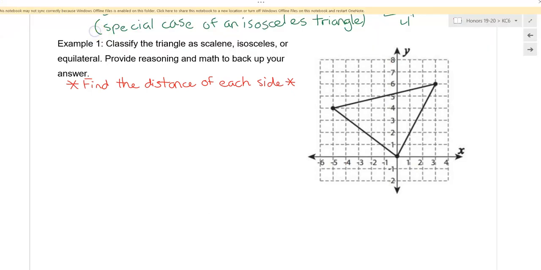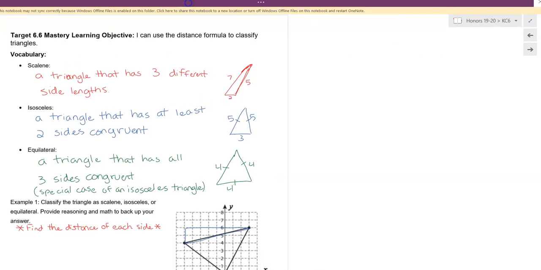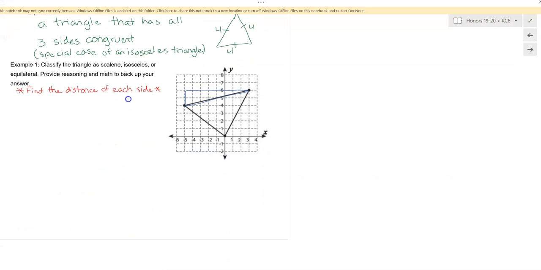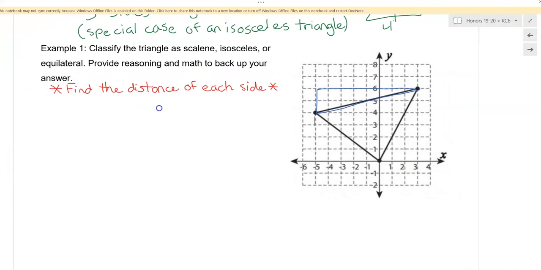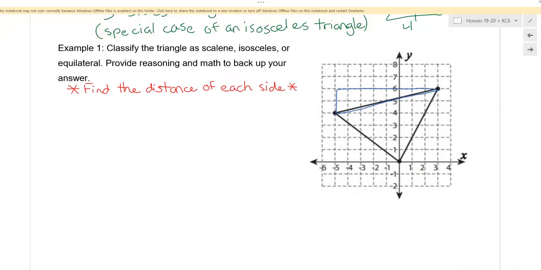All right. So it doesn't really matter which side you start with, but let's start with this side. And again, find that distance. We're going to use Pythagorean's theorem, so I'll draw a lovely right triangle with that side as the hypotenuse. So we have 2 and then 1, 2, and 8.